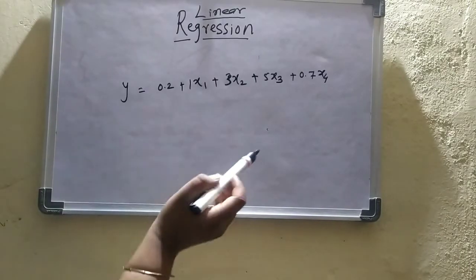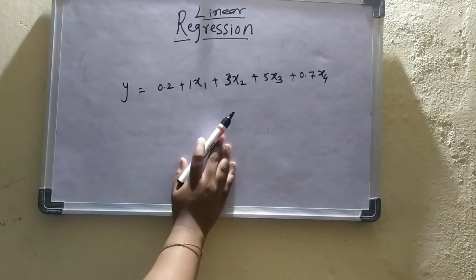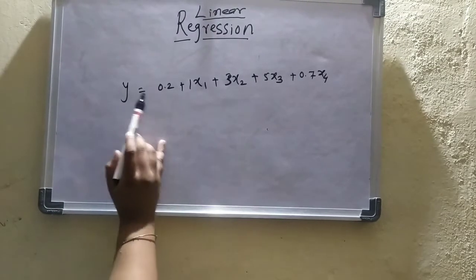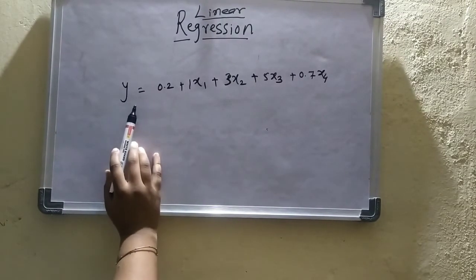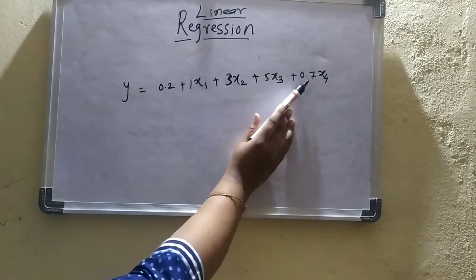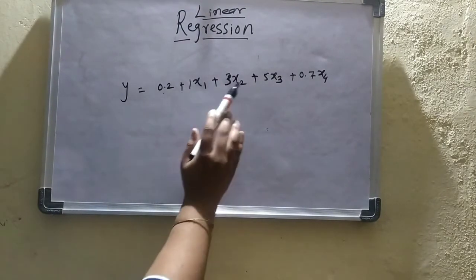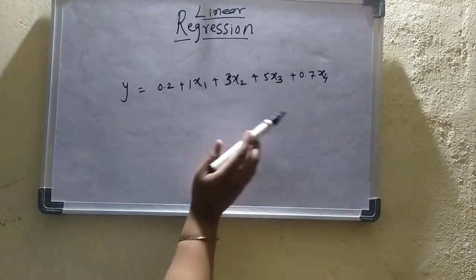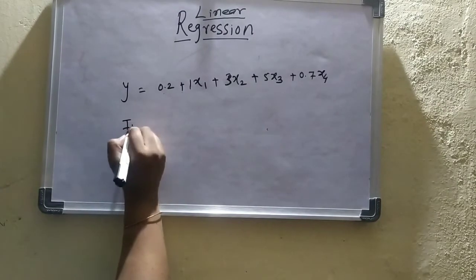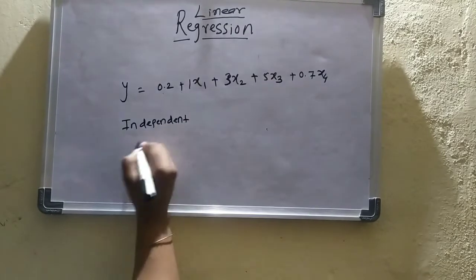So here is one of the equations where it is a multiple regression equation. Here we can see y is given as 0.2 plus 1x1 plus 3x2 plus 5x3 plus 0.4x4. So these are alpha 0, alpha 1, alpha 2, alpha 3 and alpha 4. How many independent variables are there?